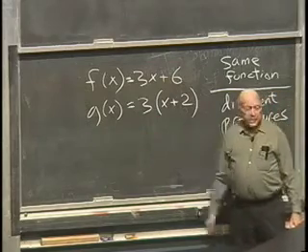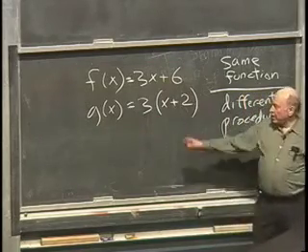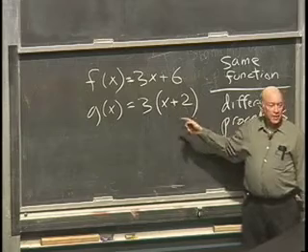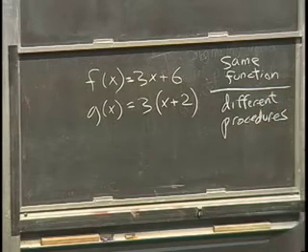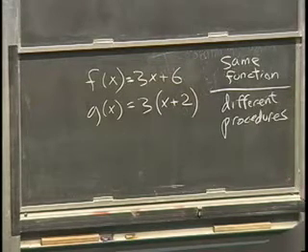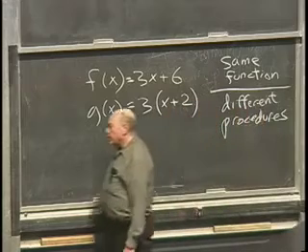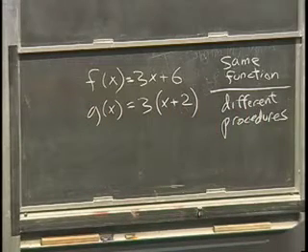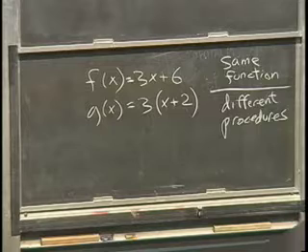If I ask for g of 5, I say 5 plus 2 is 7 times 3 is 21. I get the same answer, and therefore it's the same function. But I did a different sequence of steps, and so it's different procedures. Almost all the time, I will just loosely use the two words interchangeably as if they meant the same thing. Every once in a while, it matters. When it does, I'll be careful. Okay?